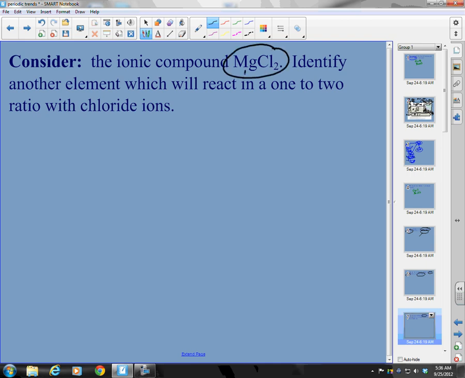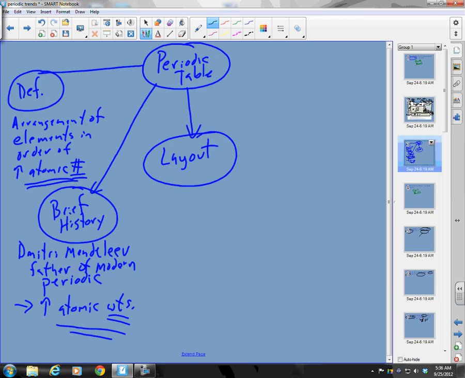They say that this means I have one magnesium and two chlorides, and really that's a 2 plus and a minus, and we'll get into that later. But it says that there's a ratio of 1 magnesium to 2 chlorides, and we are to find another element that'll act like magnesium. Well, I wish I had a way to figure out what else would act like magnesium. Well, we do, and it's our periodic table.